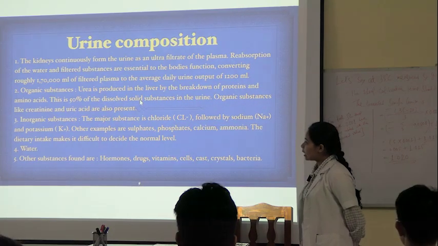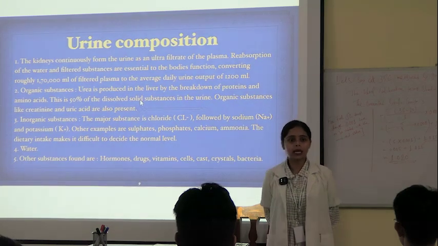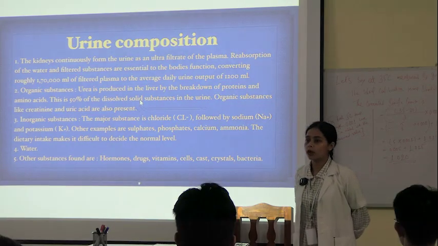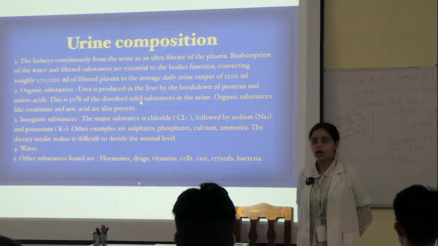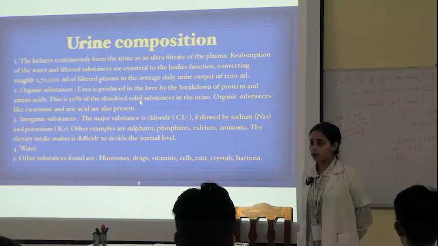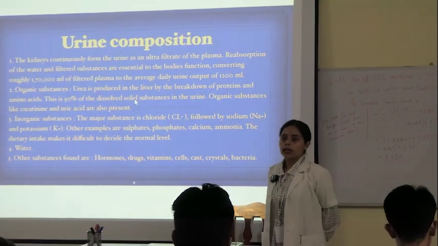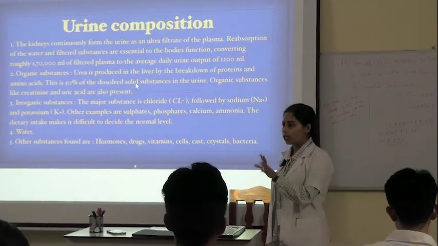The dietary intake makes it difficult to decide the normal level. Now what does this mean? How is the dietary intake affecting the result? Why do we advise for an early morning sample, early morning blood sample, or early morning urine sample? Yeah, so that the dietary intake does not mismatch the accurate levels.